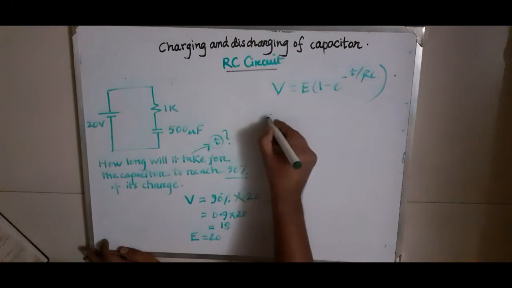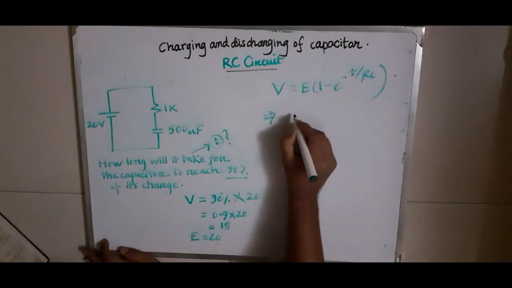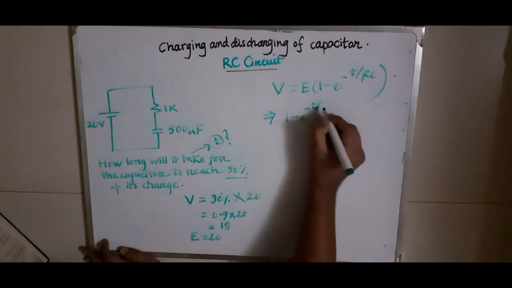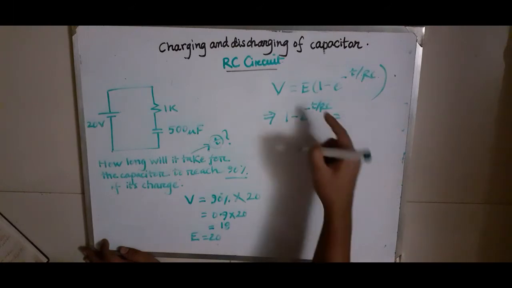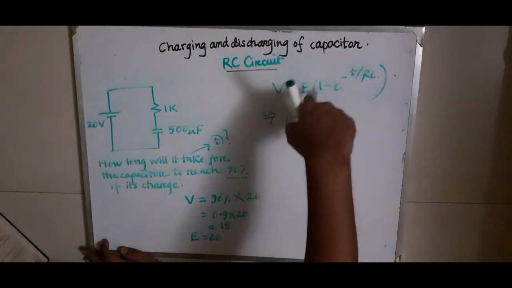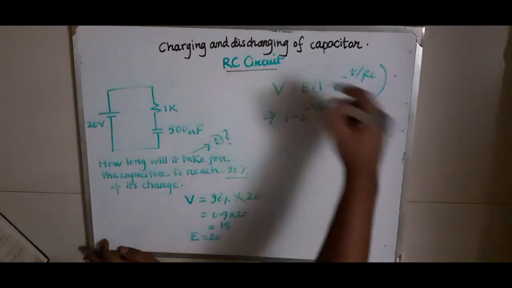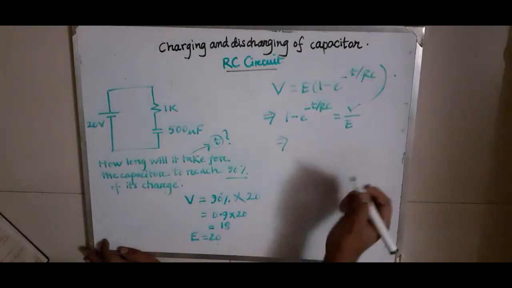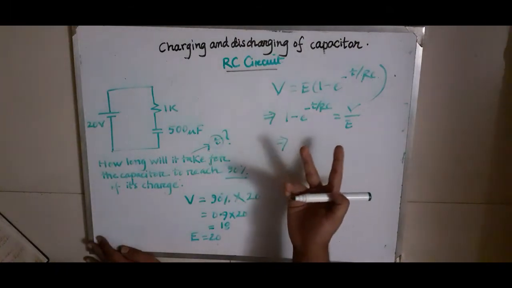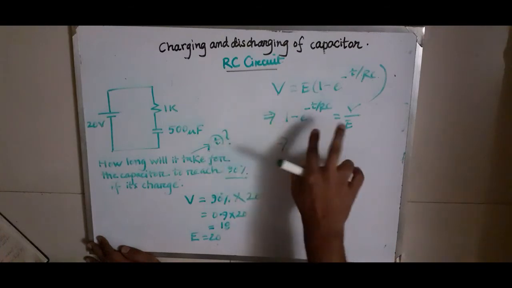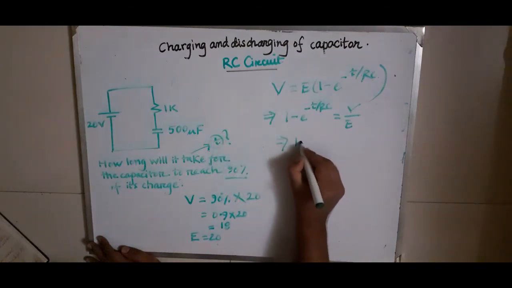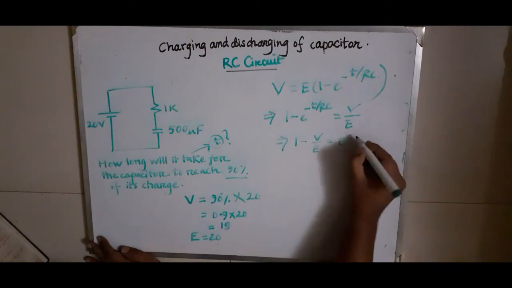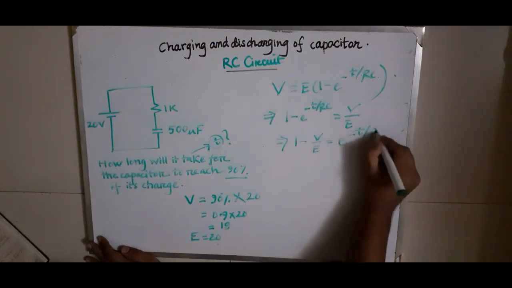Can we write 1 minus e to the power minus t over RC is equal to V over E, just changing sides? Then we can rearrange and write 1 minus V over E is equal to e to the power minus t by RC.